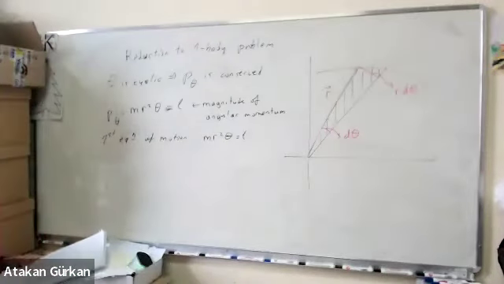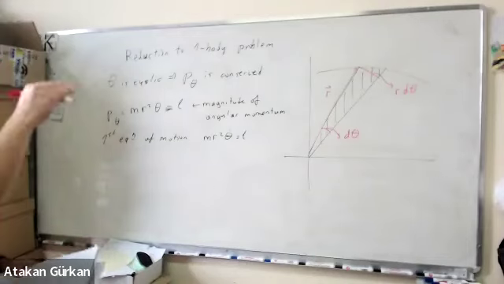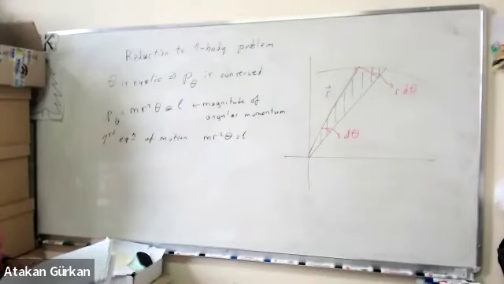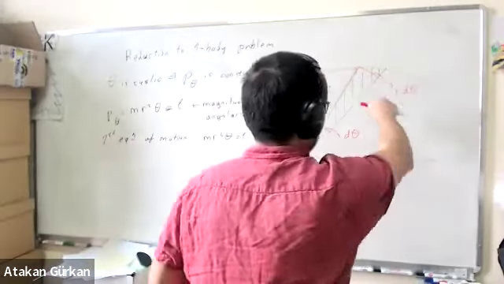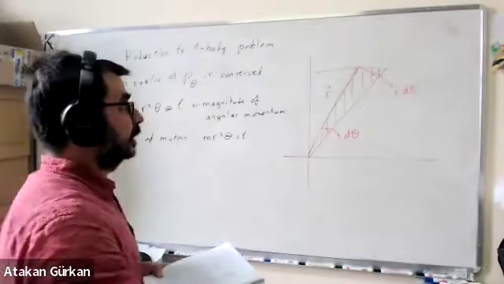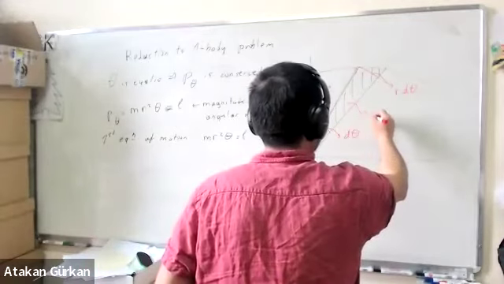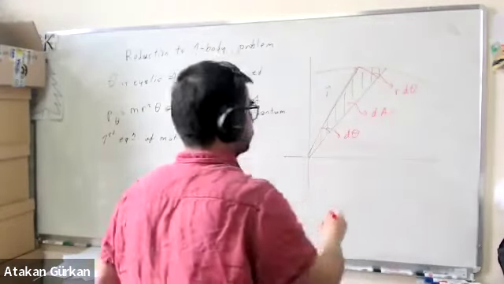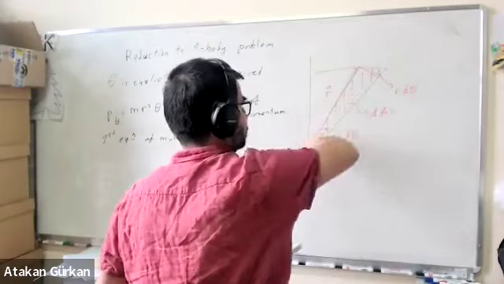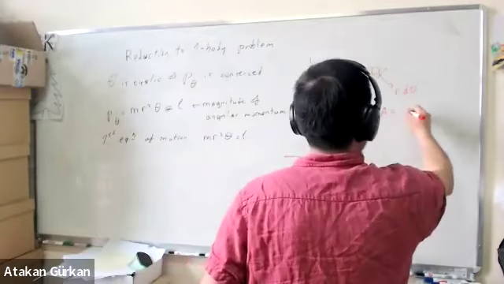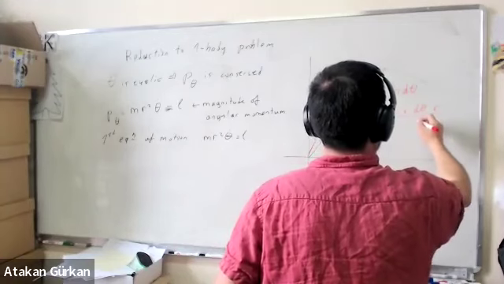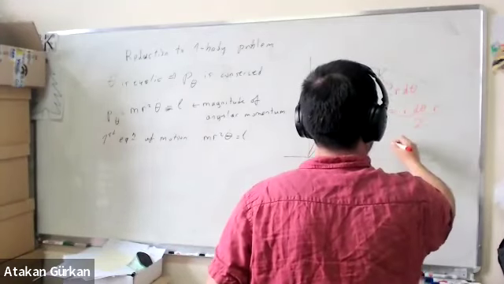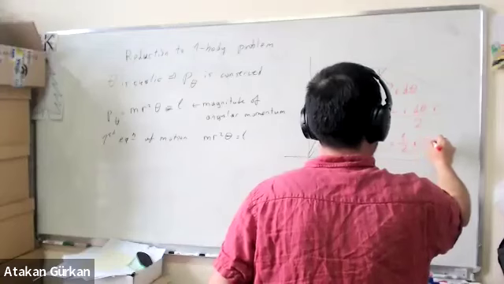Because it's an infinitesimal angle, I can always say that the arc and the chord are the same. So this is strictly speaking the arc length. I just drew a chord there, it doesn't matter. And the area over here is going to be the base of this triangle times its height divided by 2. So r d theta times r over 2. This is a half r squared d theta.